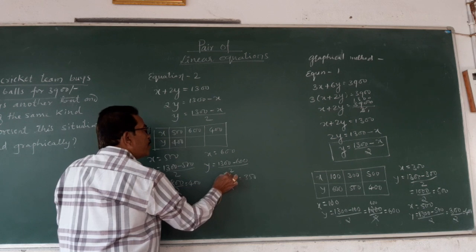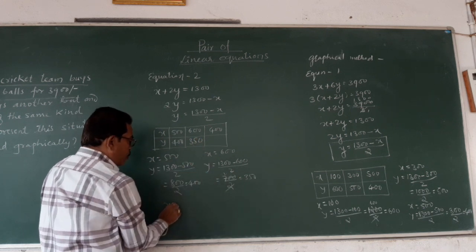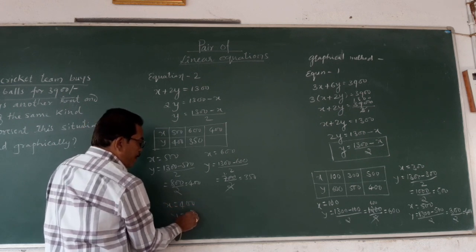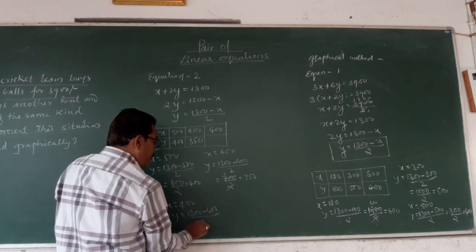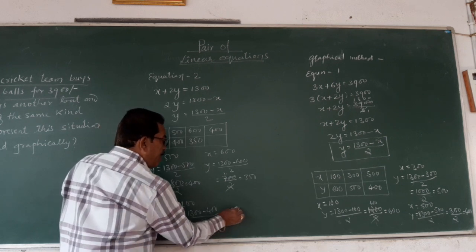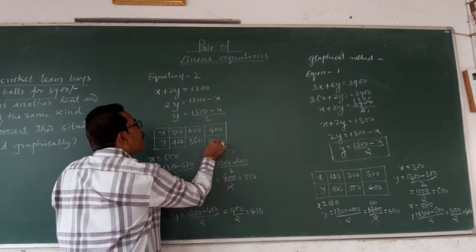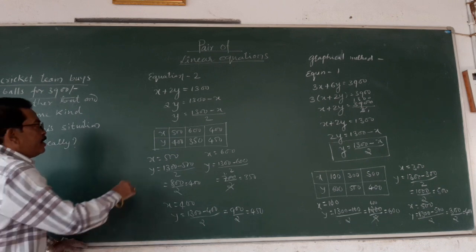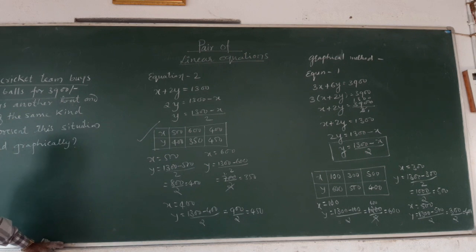Then x equals 400, then y equals 1,300 minus 400 divided by 2, 900 divided by 2, that is 450. So this is the tabulation format of equation 2.